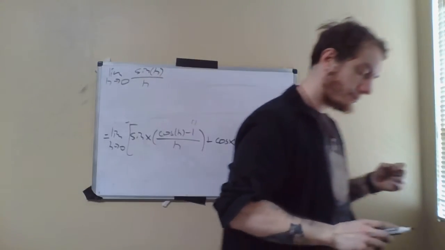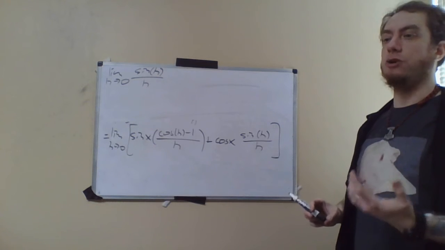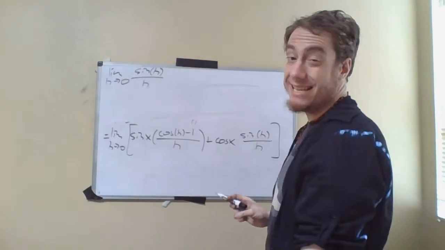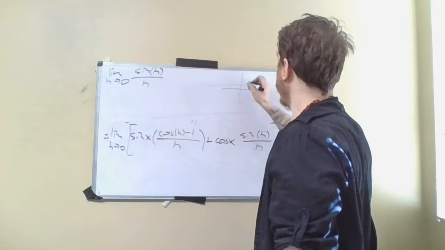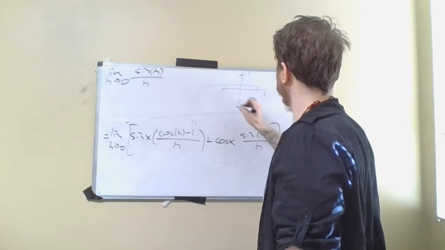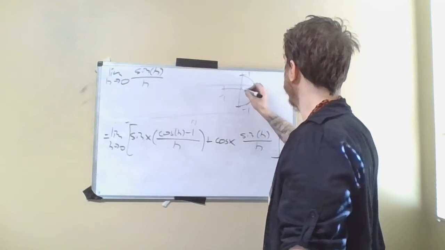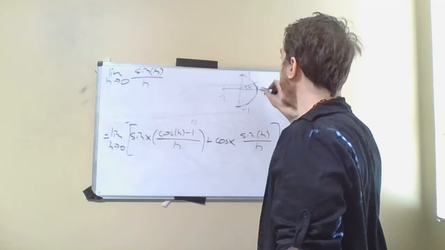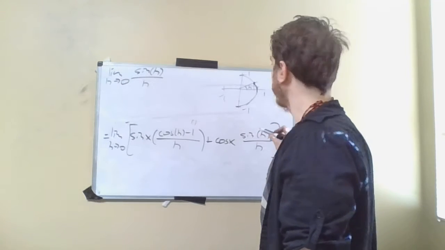Now, let's first of all try to get an intuition for what this should be. It's not actually very easy to see, but if you think about the definition of the sine of an angle in terms of the unit circle, we have the unit circle here. I'm just going to draw the right-hand side. We have some angle h. Now, the sine of h is the height of this triangle.